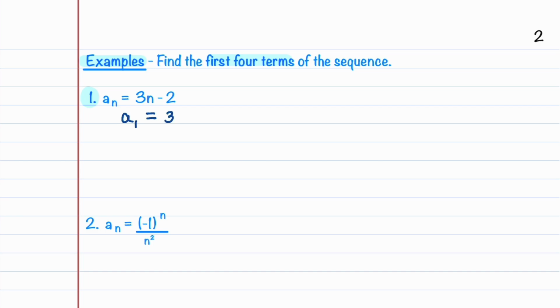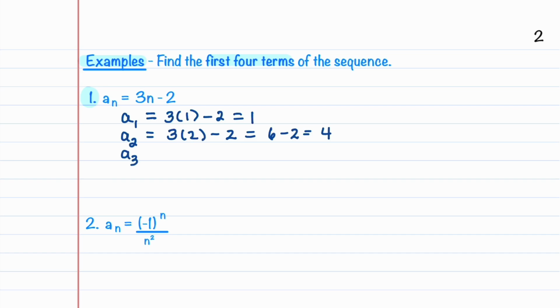So this is 3 times 1 minus 2 is equal to 1. Our second term is A sub 2, so this is just 3 times 2 minus 2. So this is 6 minus 2, which is equal to 4.